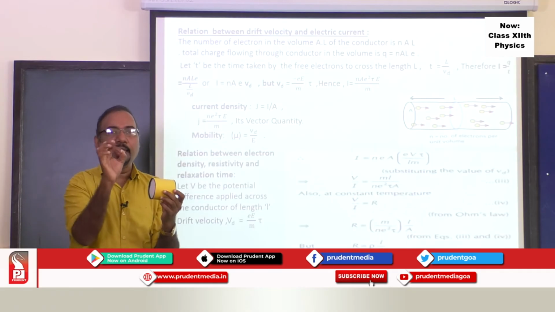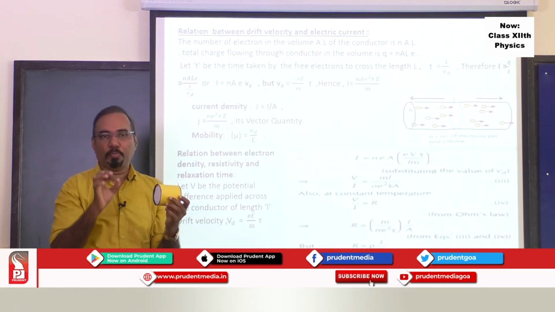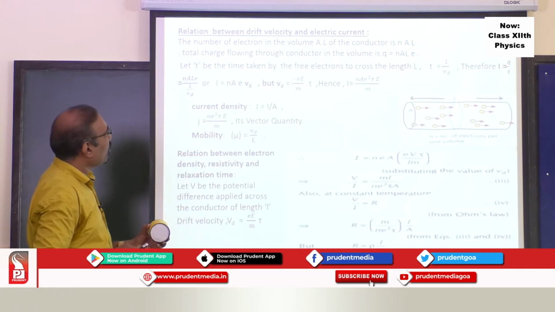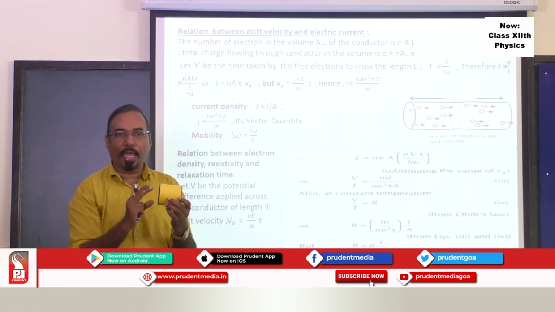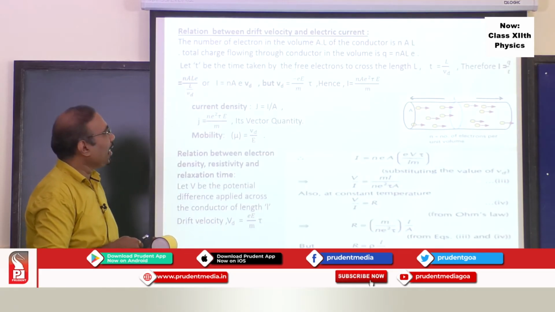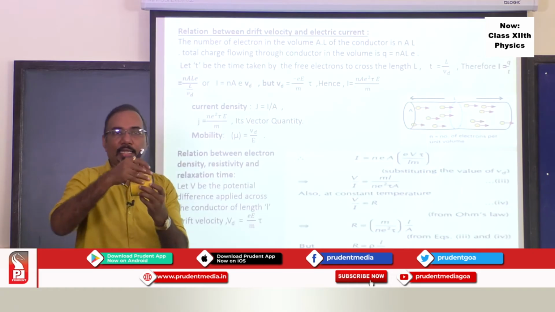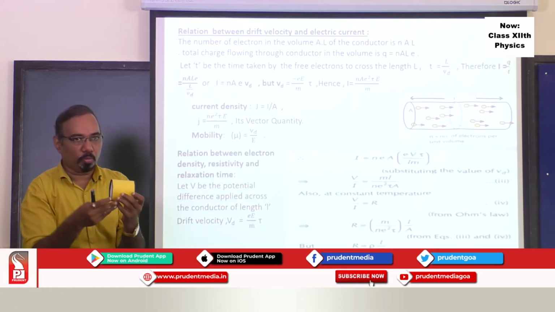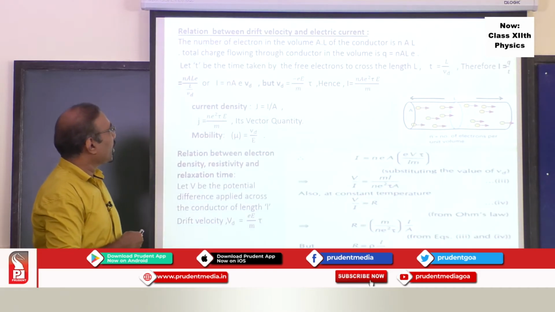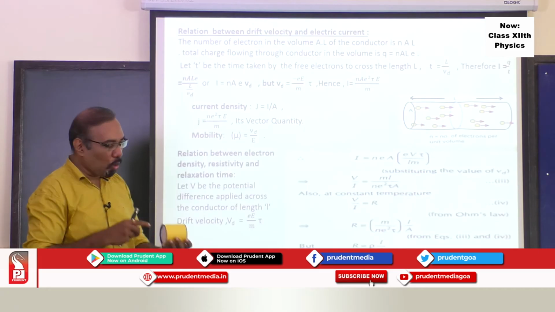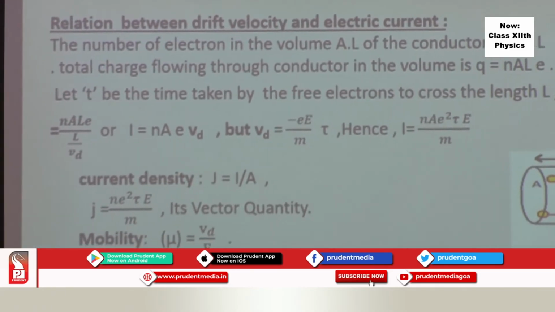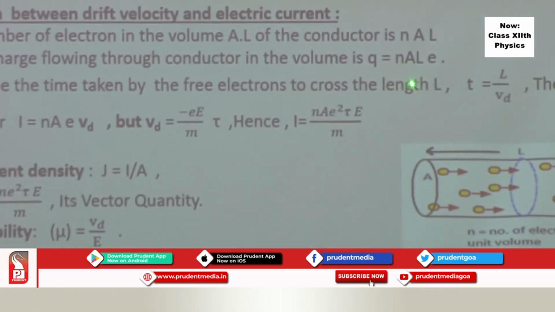Now, suppose there are n number of electrons per unit volume. Small n is the number of electrons per unit volume. Then in this volume AL, there will be nAL electrons. If I take the charge of the electron as e, then the total charge flowing through this conductor in time t seconds is nALe.